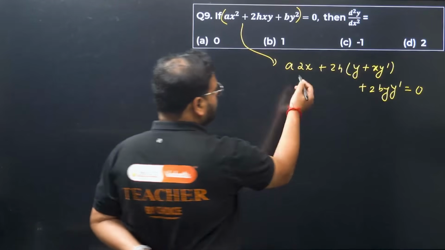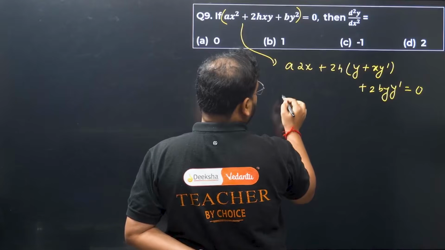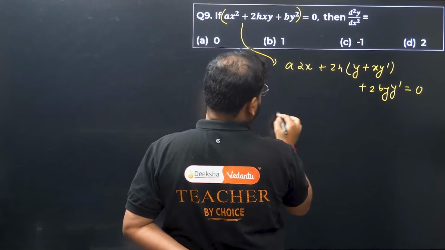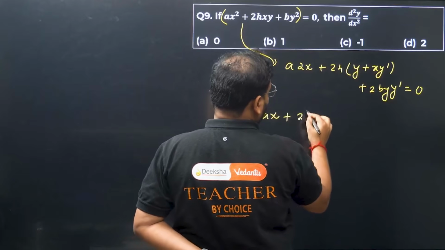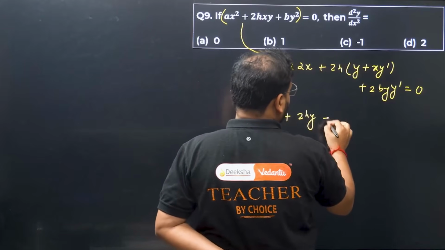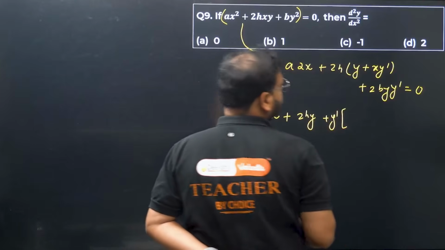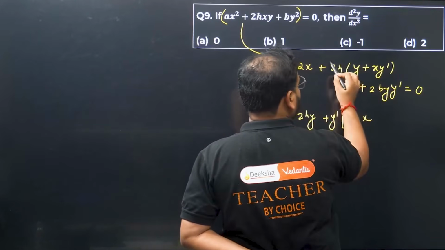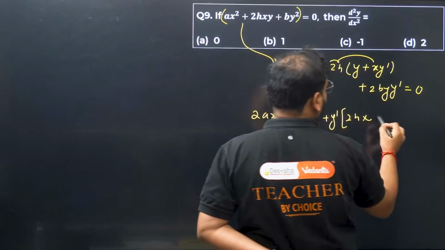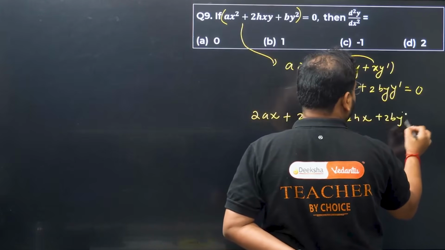Now separate the terms from here. So you can see over here I have 2ax plus 2hy, and in the y dash if you take common, you're getting over here 2hx, okay, and over here we have 2by equal to 0.